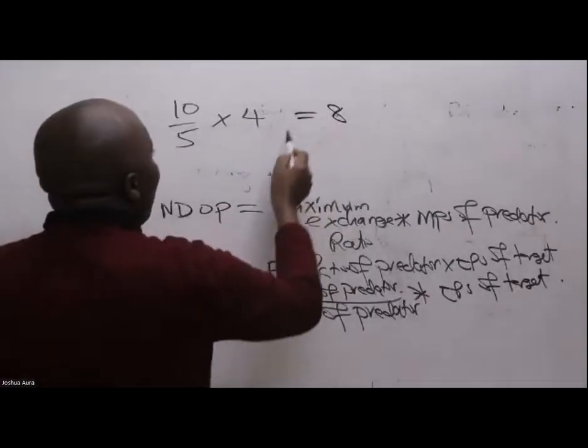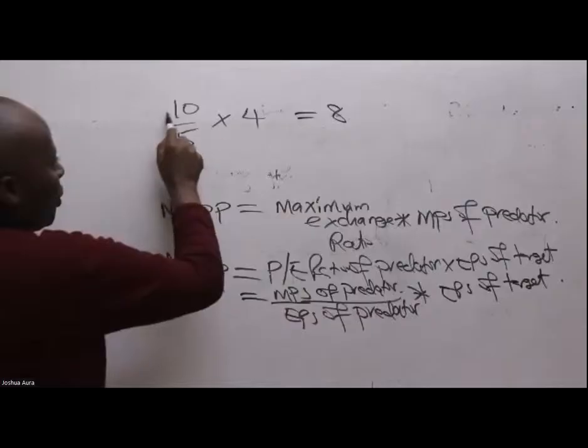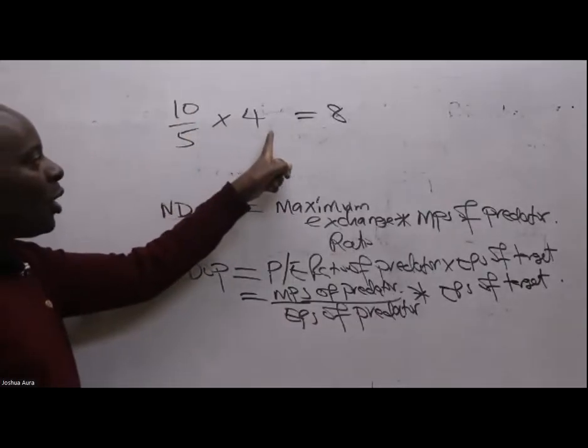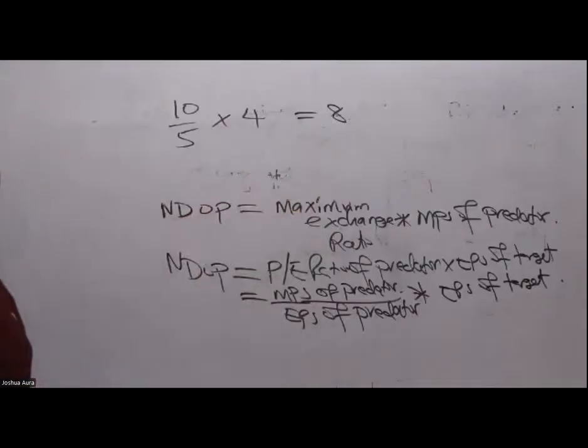How have I known it's 8? It's because 5 goes 2 times in 10, and then 2 times 4 is 8.